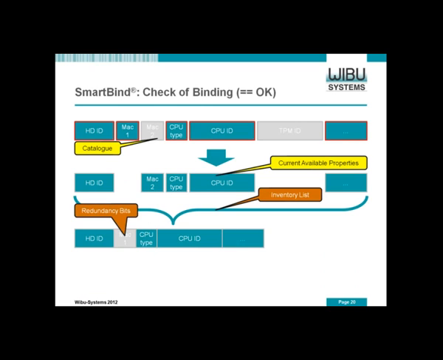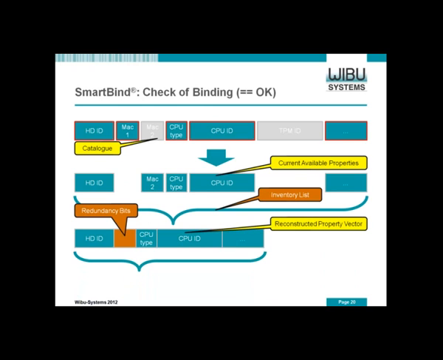But we have our redundancy bits. And if the remaining gap is less than our 30%, then we can refill this gap. Everything is fine. We can recalculate the fingerprint because we have reconstructed our property vector, and now the license is still valid. Everything is fine.